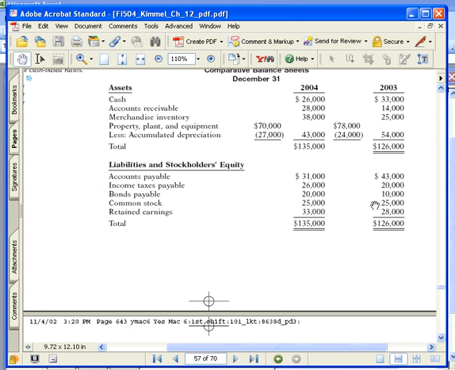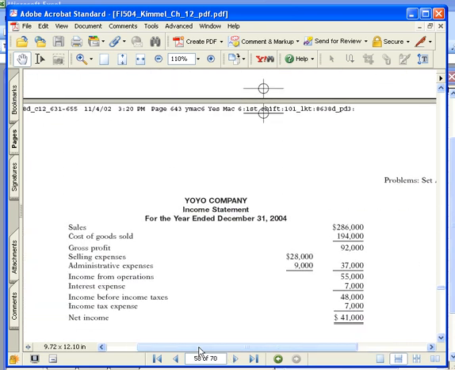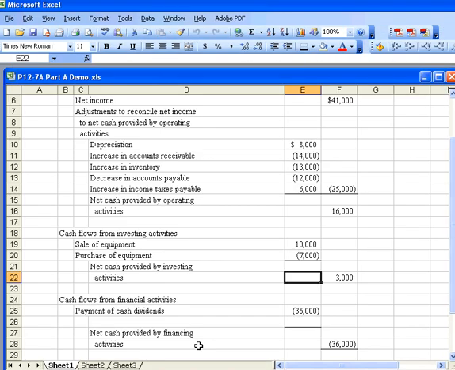We haven't looked at that account, and we've gone from $10,000 to $20,000. So since there's no other information provided about bonds that were retired, we can assume that there was an issuance of bonds of $10,000. I'm going to call it issuance of bonds. You could call it bond issuance.